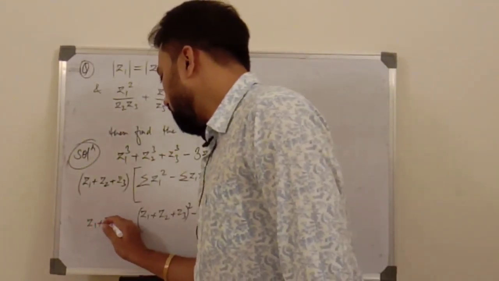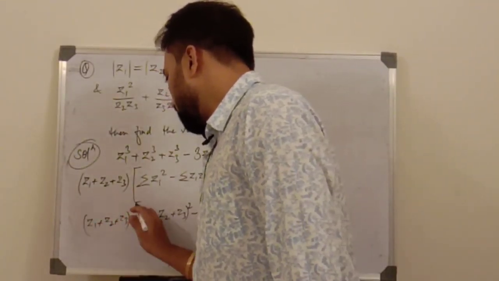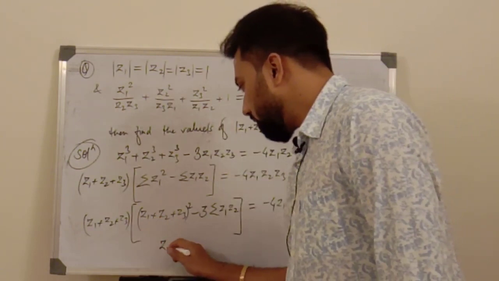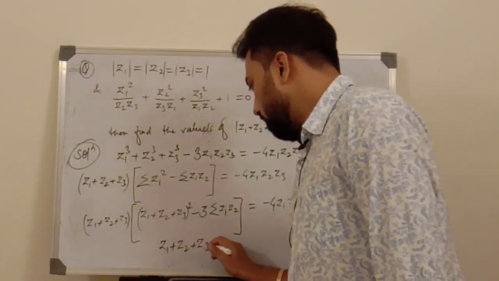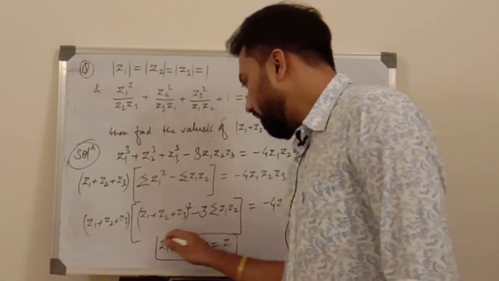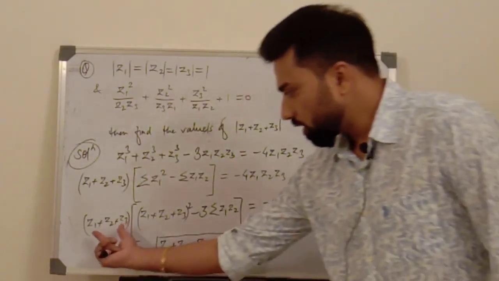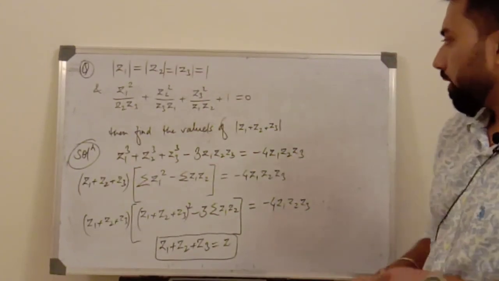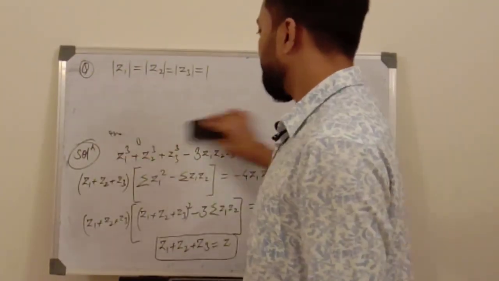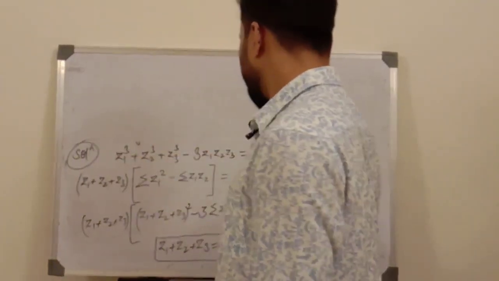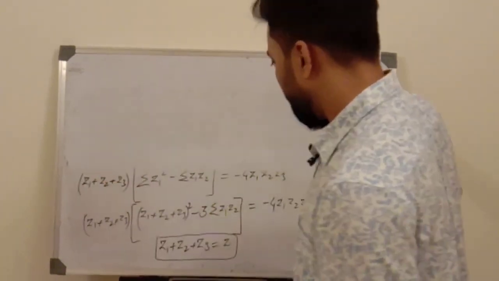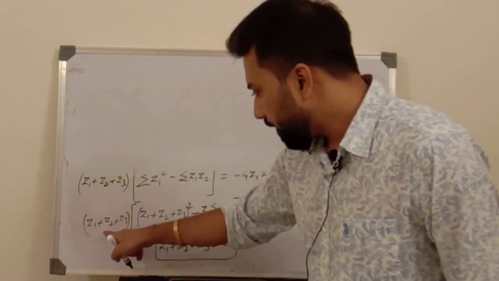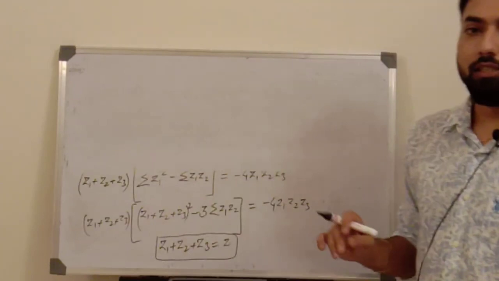Here z1 plus z2 plus z3 is already there, right? Now we'll take this z1 plus z2 plus z3 as z. So this becomes z over here, this becomes z square, and after this term this becomes z. So here it will become z into z square, which is z cube.